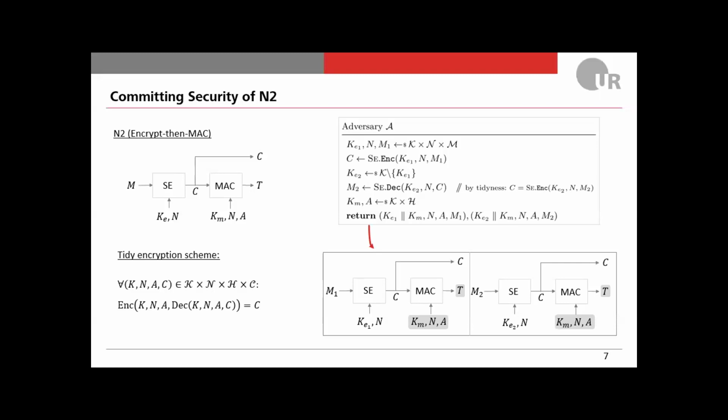But then it is also easy to achieve same tags for this composition mode. As the ciphertexts already agree, we can just choose the same MAC key and the same associated data. And the adversary then wins the committing game by outputting these tuples we've just constructed.